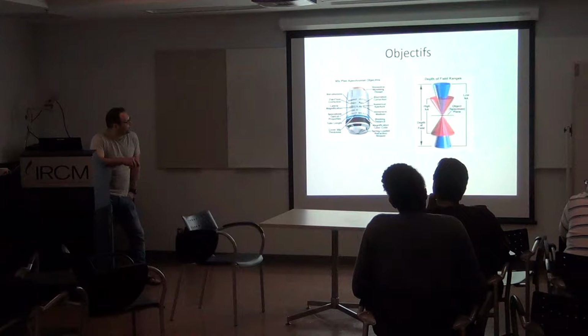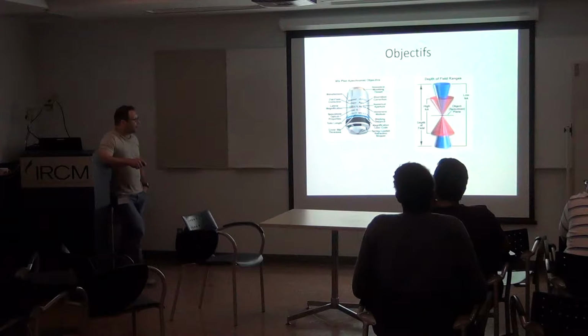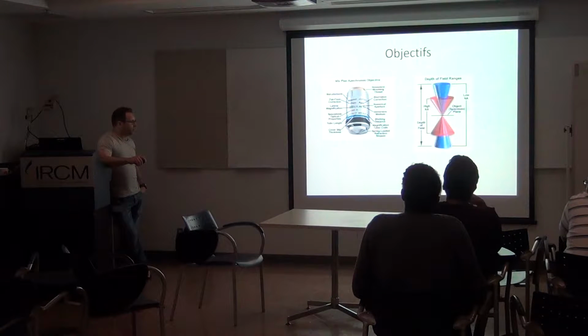The objective. There are many things written onto an objective. On most objectives, you will first see the magnification, which is usually in big numbers, with a little X beside it.